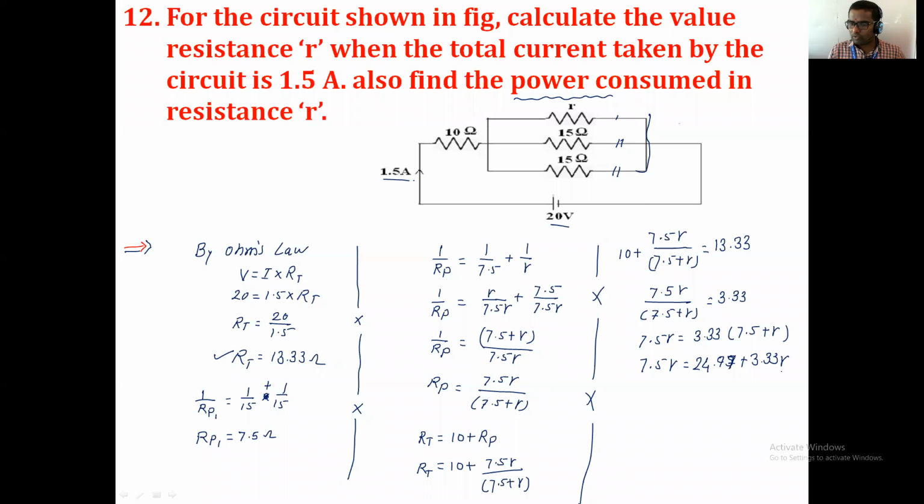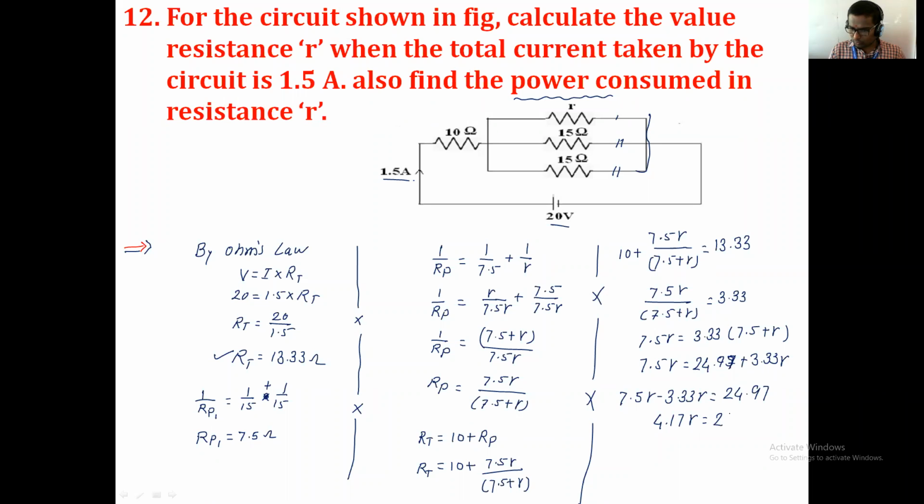Now this 3.33 R, if I transfer to left hand side, it should be 7.5 R minus 3.33 R, which is equal to 24.97. So 7.5 minus 3.33 is 4.17. Is it right? Yes, sir.